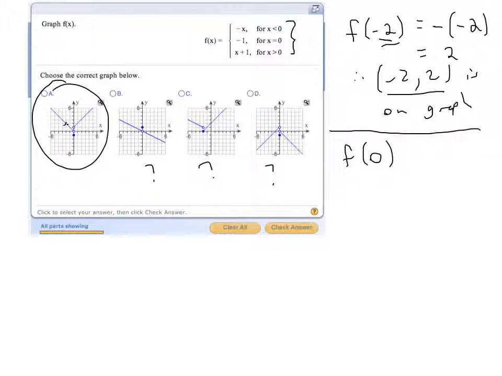If I ask what f of 0 is, again, I read this by looking over here on the right side and ask myself which of these three things is true when x is 0, and the one that's true is this one, 0 is equal to 0. And so when x is 0, I want to use the formula -1. There's nothing to do with the x, you just get the answer -1, so that seems a little weird. But that means that the point 0, -1 is on the graph.